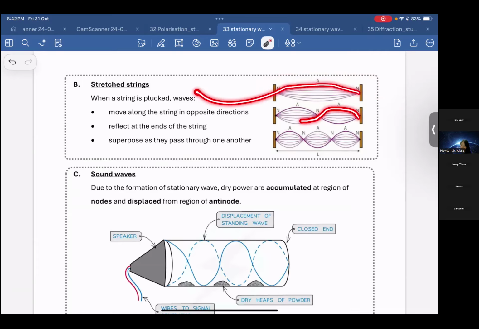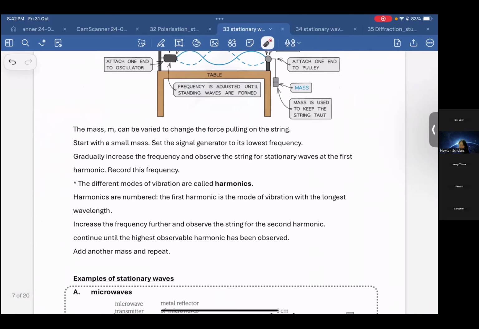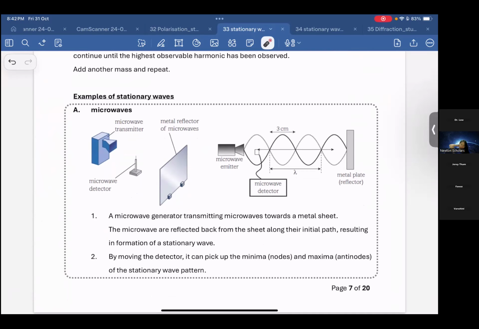The longest complete wave we call first harmonic, then second harmonic and third harmonic. So this is a few examples. They might ask in your AS past year questions.